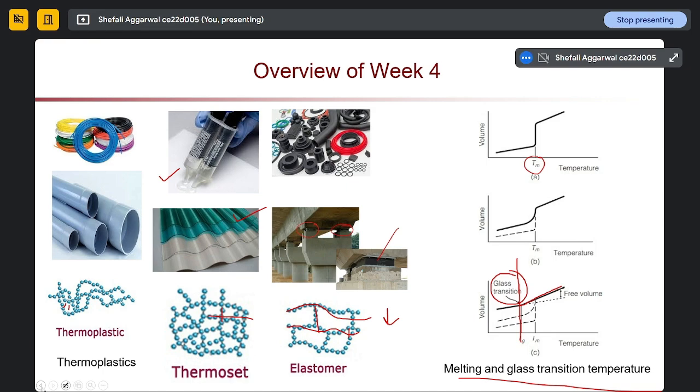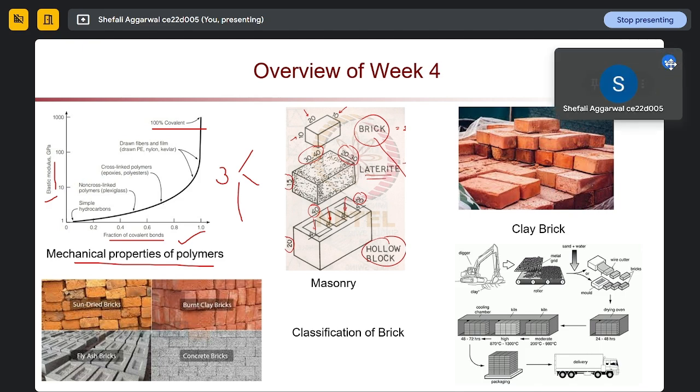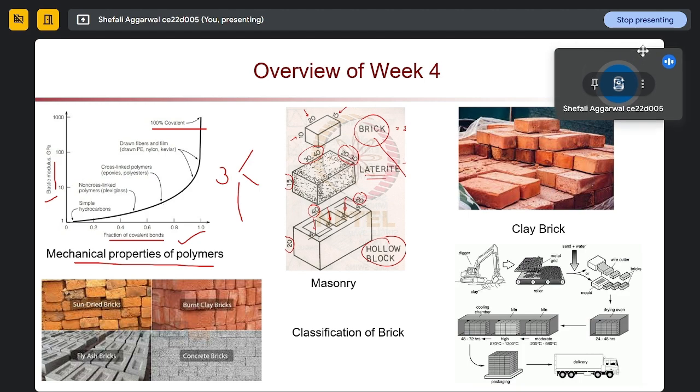The other thing which started this week is the different materials. The first material which started in this lecture is masonry.